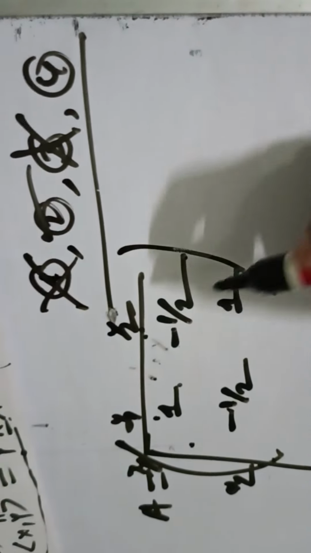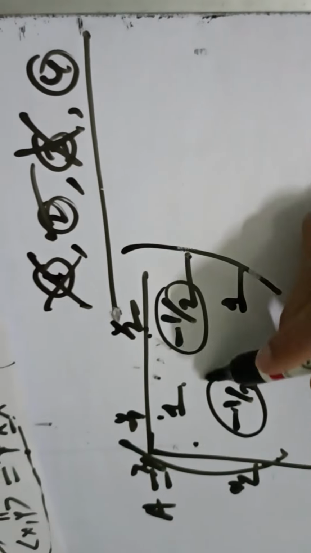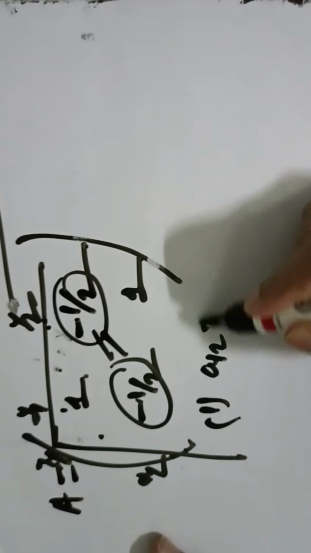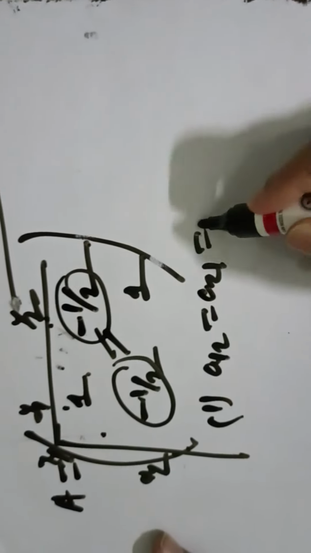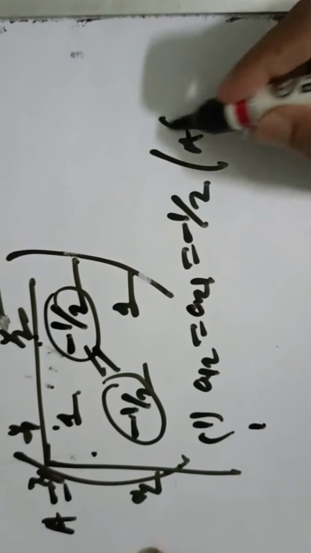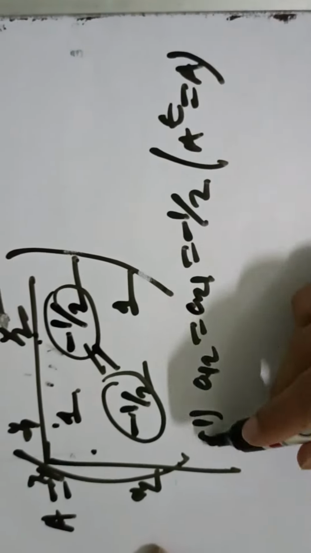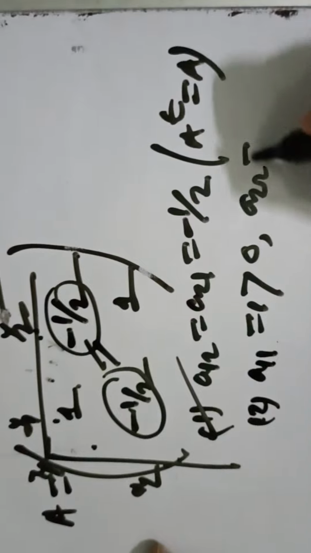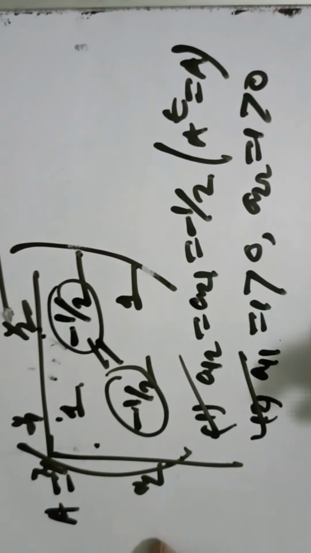The matrix is symmetric because a12 and a21 are both minus half. First condition satisfied. Second condition: a11 is 1, positive, and a22 is 1, also positive, so the second condition is satisfied.